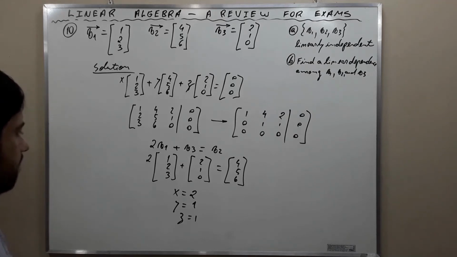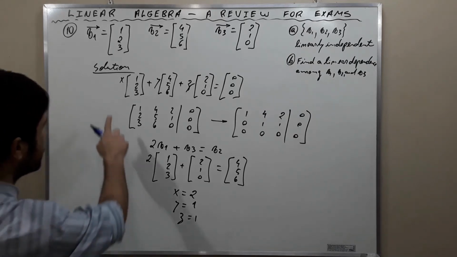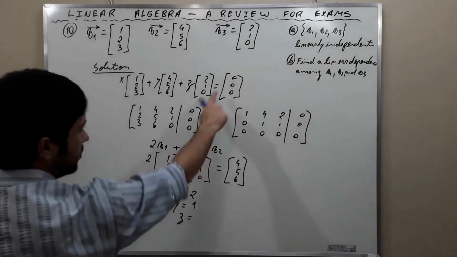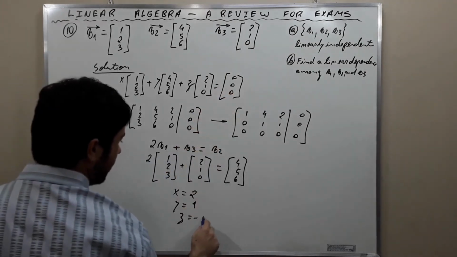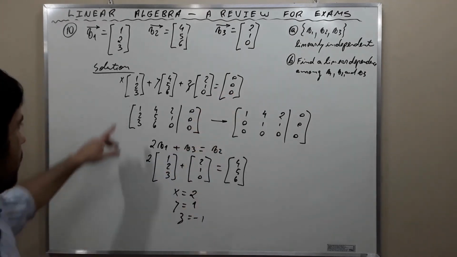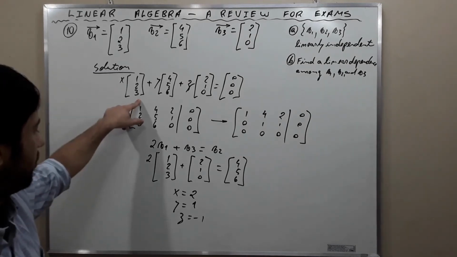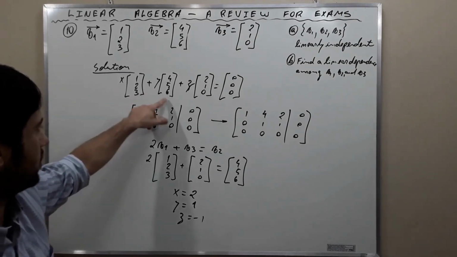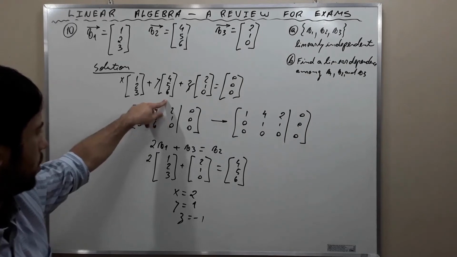Alright, here z is negative 1, because for z equal to negative 1, alright? 2 times this plus 1 times, okay, no.